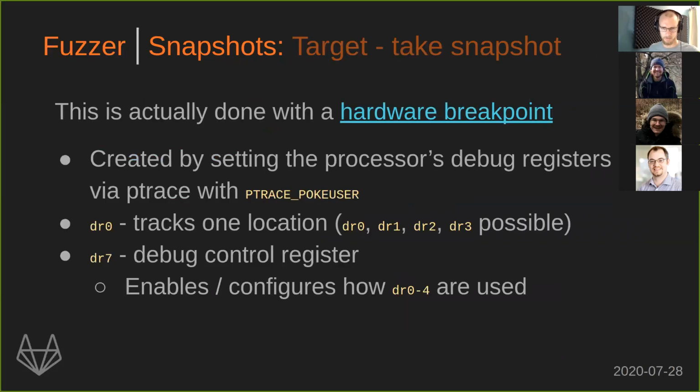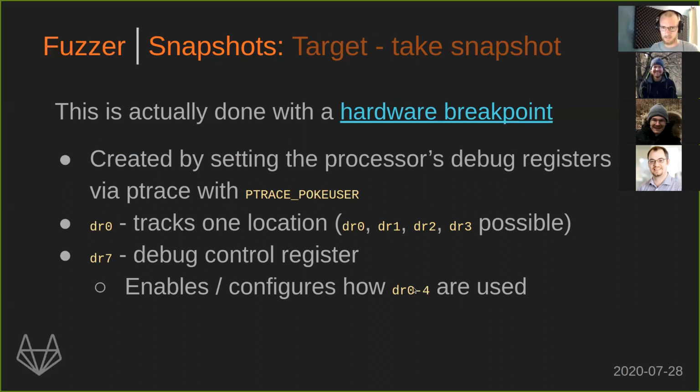Okay, so we have the hardware breakpoint. It sends a SIGTRAP inside of the strlen function, and that's the point at which the snapshot is taken. This slide is talking about specifically how the hardware breakpoint is set.